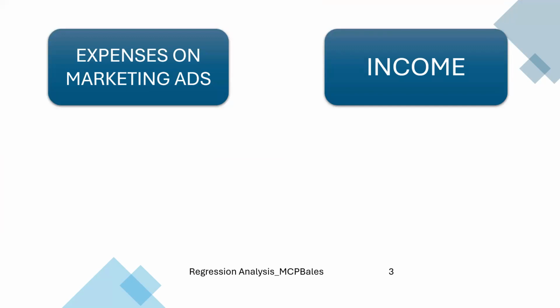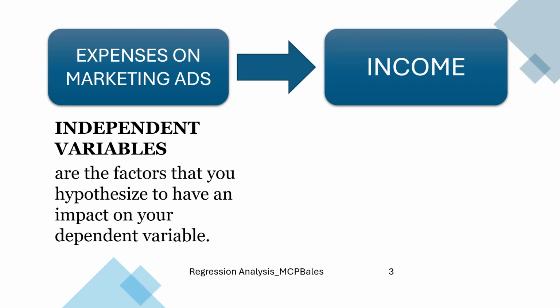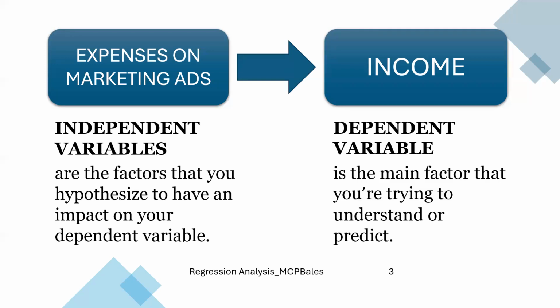Particularly the use of regression analysis. The independent variable refers to factors that researchers hypothesize to have an impact on the dependent variable, whereas a dependent variable is the main factor that you're trying to understand or predict.